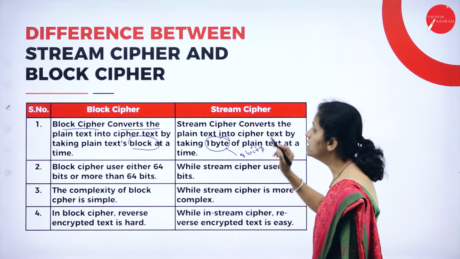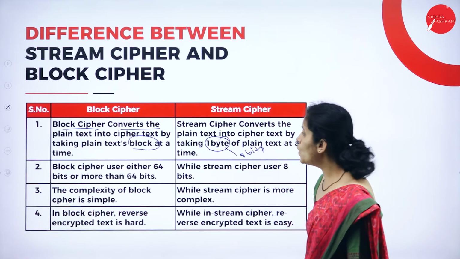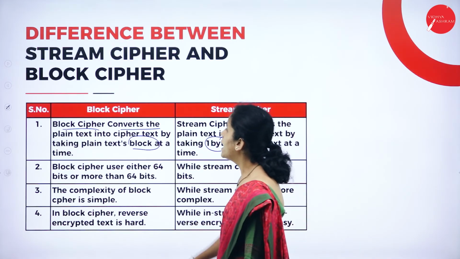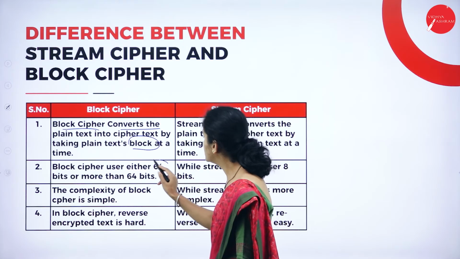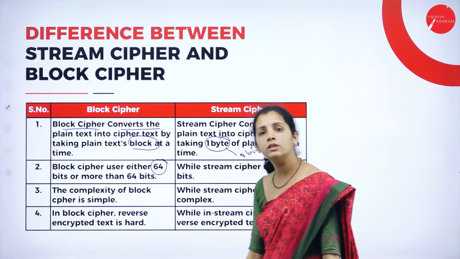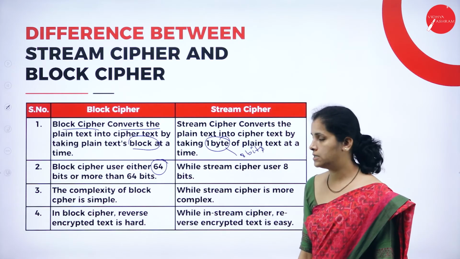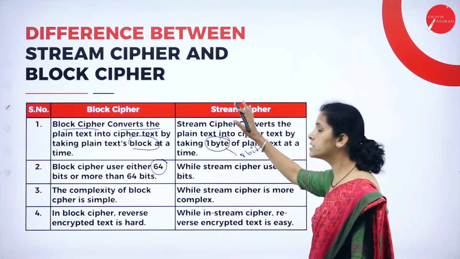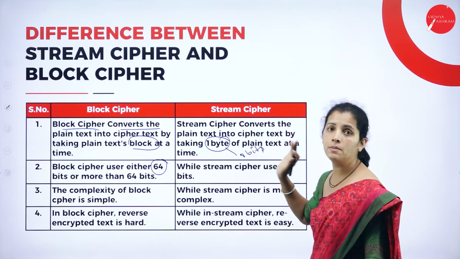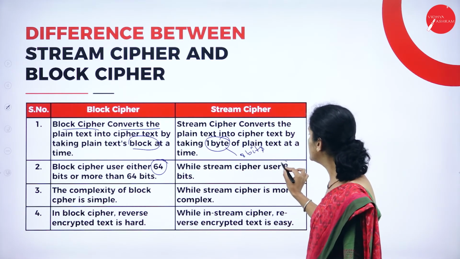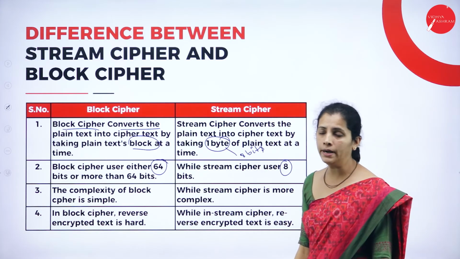With a block cipher, I can use 64 bits or more than 64 bits. But with a stream cipher, the maximum I can have here is only 8 bits.